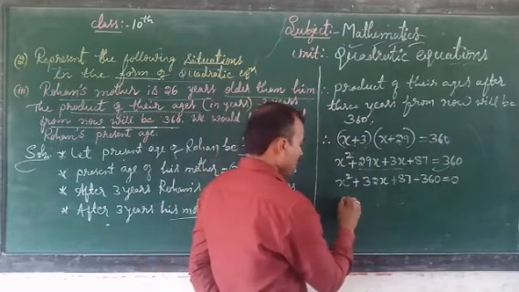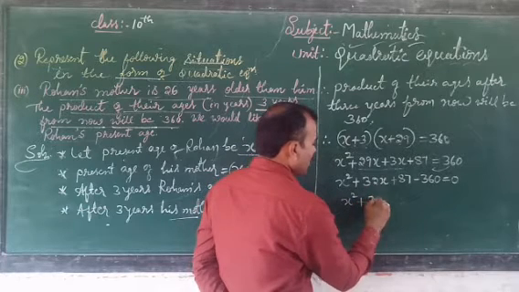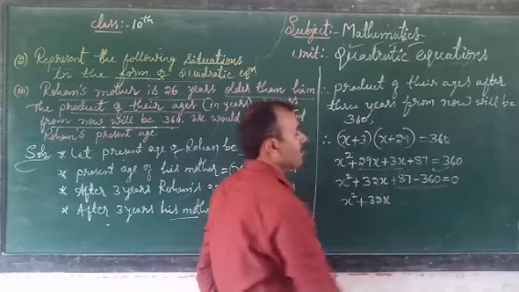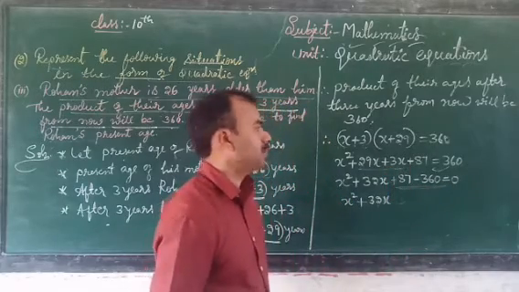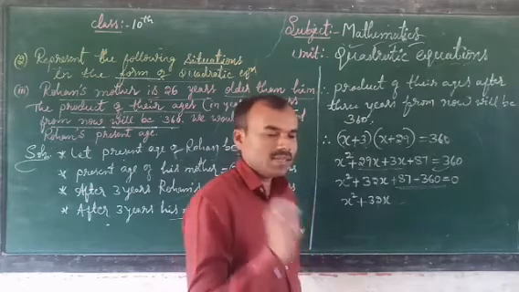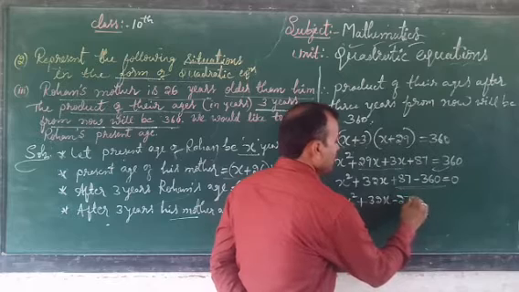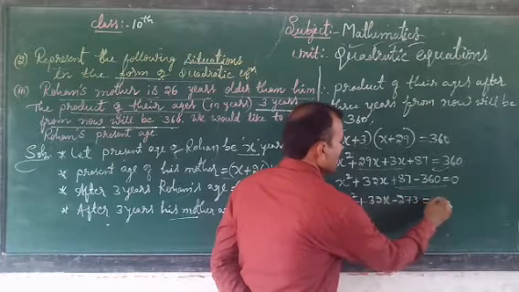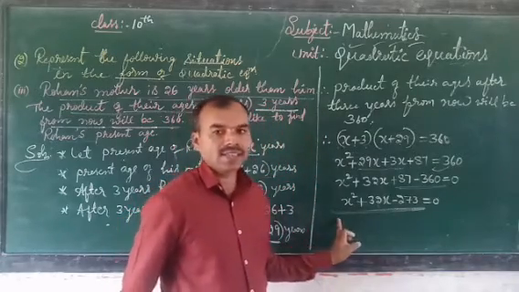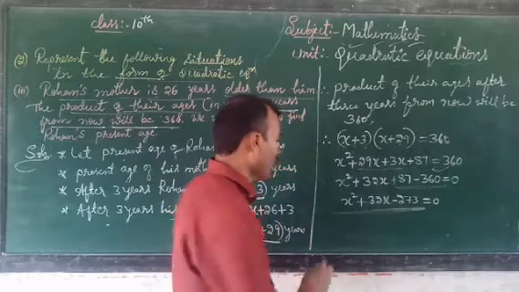In the next step, x square plus 32x plus 87 minus 360. Subtract these two, it is minus 273 equals 0. This is of the form ax square plus bx plus c equals 0.